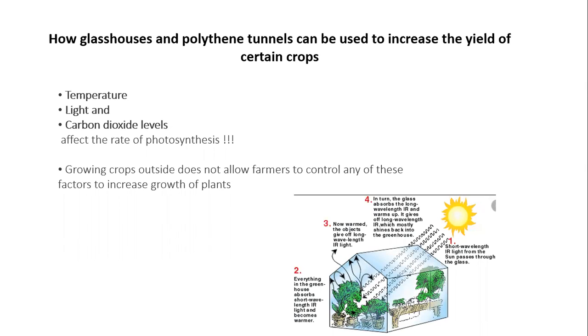Okay. How glass houses and polythene tunnels can be used to increase the yield of certain crops. Now we will see what the factors affecting the rate of photosynthesis are. Obviously the temperature, light condition, and carbon dioxide level, even the moisture content, right?